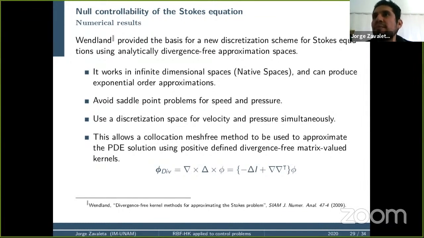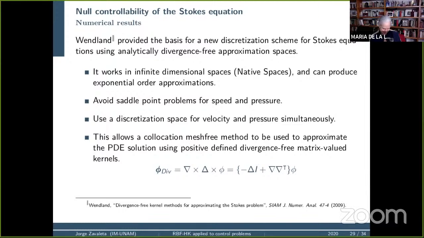You can couple both in the same divergence-free matrix kernel. Could I respond in Spanish? Yes, of course. Enrique understands, not the rest. With an Andalusian accent, please. Sorry.